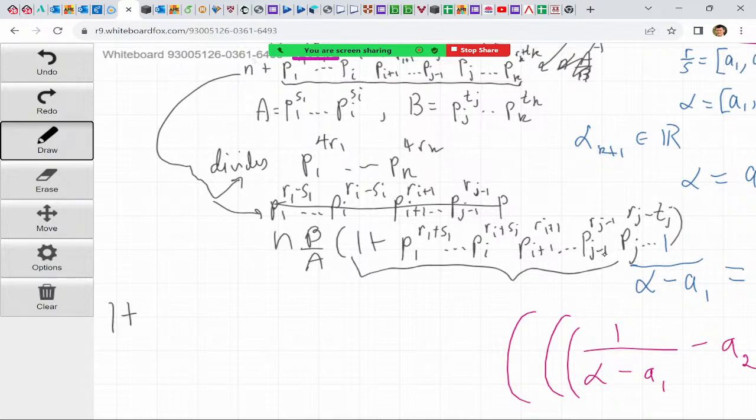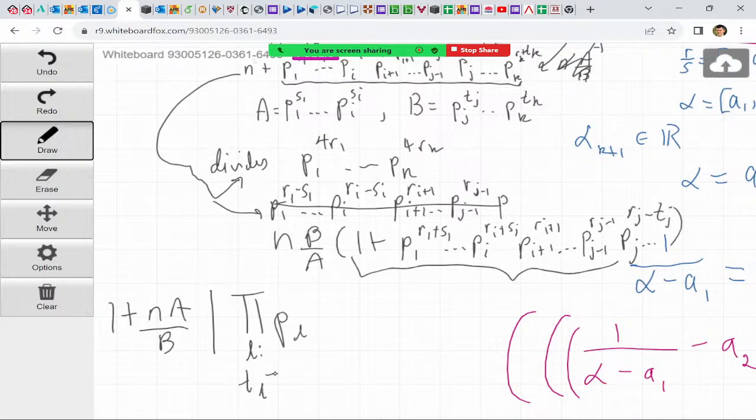And this thing is literally N times A over B, and it divides whatever the P's are left over. I am incredibly confused. The product of Pl such that Tl equals Rl.